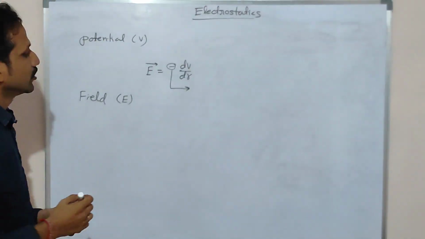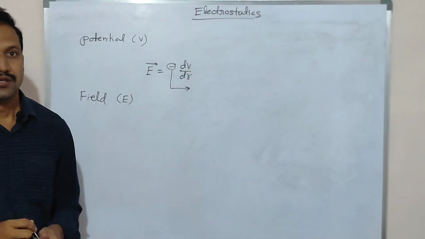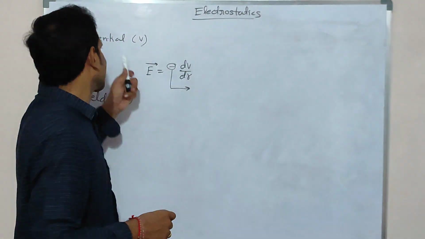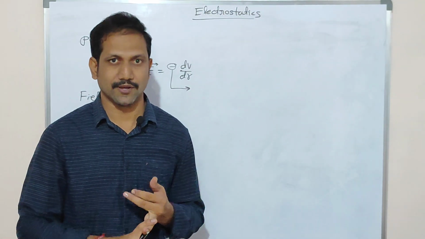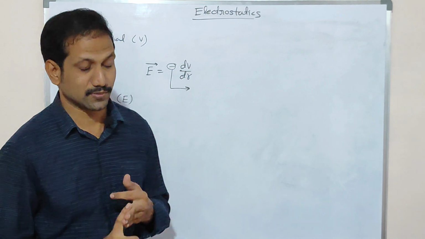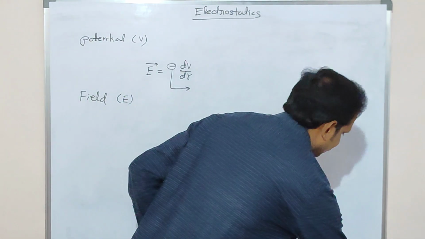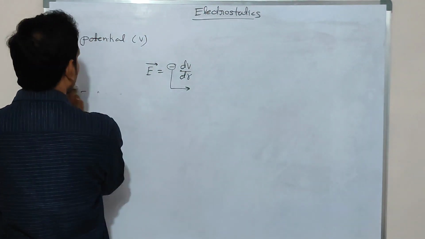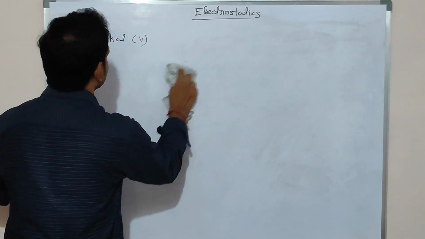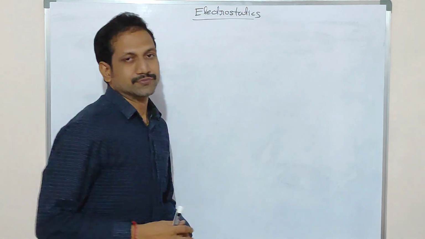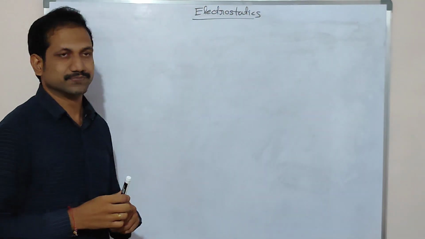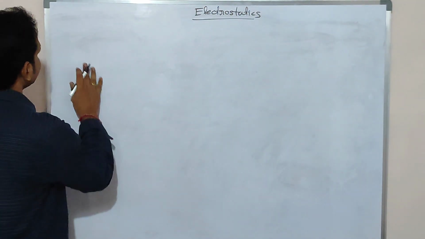We are going to discuss today the dependency of this potential and field on this small r due to monopoles, dipoles and also quadrupoles and octupoles. We are not going to prove those equations. I'm not giving the proof, but I'll give you just a shortcut on how to remember them.